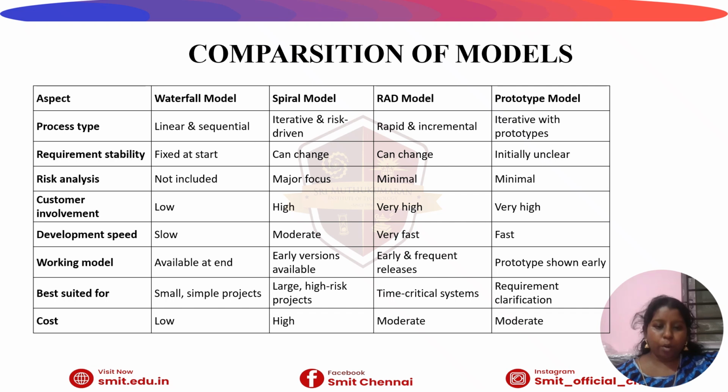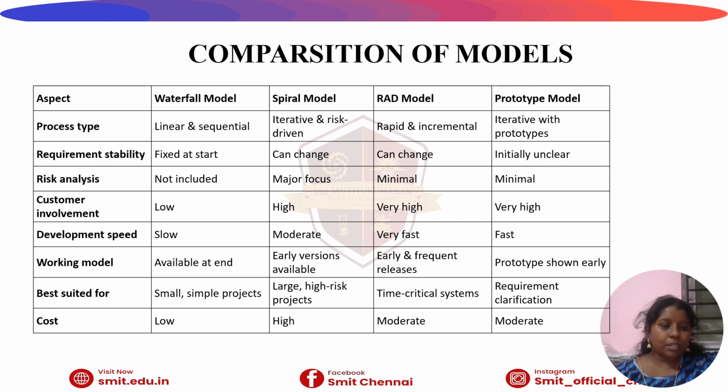In the spiral model, it is a risk-driven model. It handles risk at any stage. In the RAD model, it is rapid and incremental. Here we focus mainly on business practice. In the prototype model, it is iterative with prototypes. In each step, we increment and provide the changes.